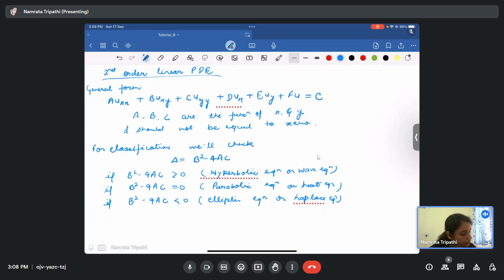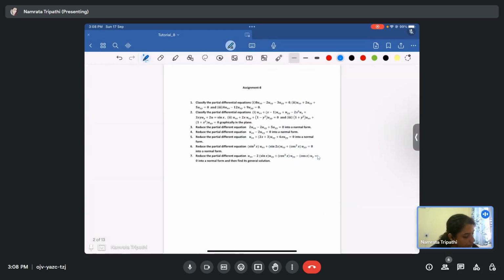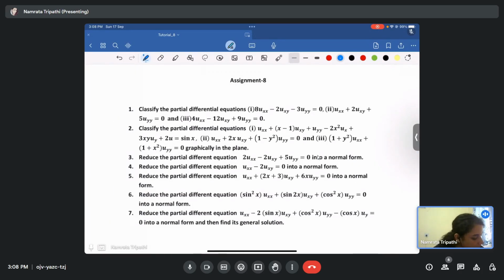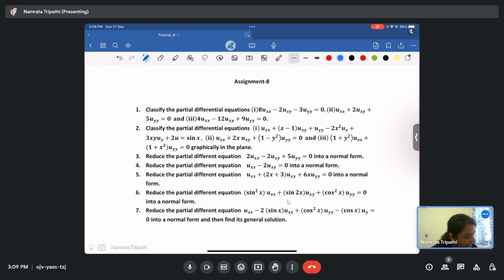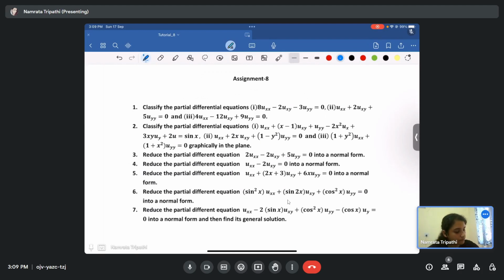Okay, now let's move to question number 1. Question 1 says classify the partial differential equation. So can you tell me what type of equation these are using the classification which I have told just now? Try to solve and give me the answer.